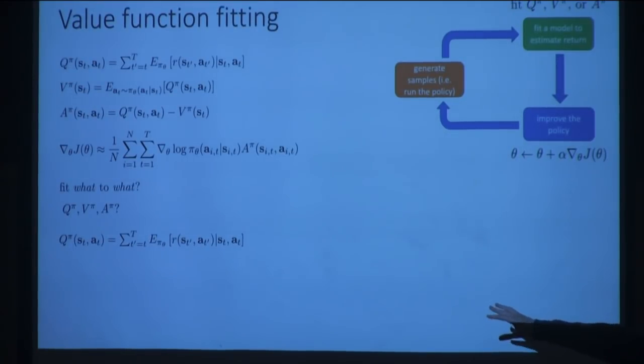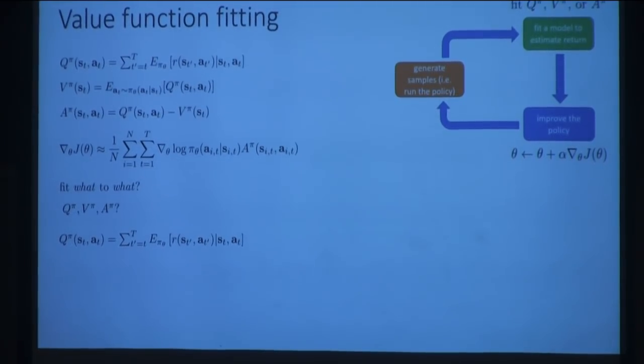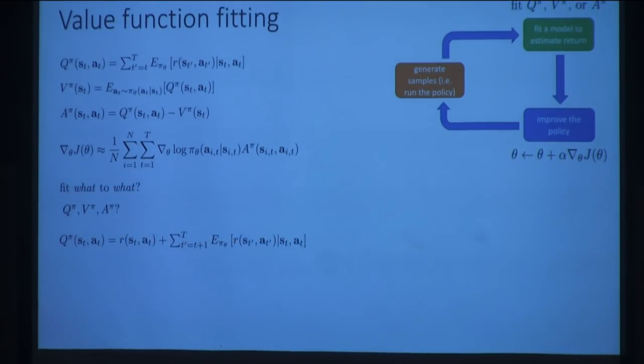You're not taking an expectation over ST and AT, only over ST plus 1, AT plus 1, ST plus 2, etc. But the first state and the first action are given, which means that you can equivalently write it like this. The Q function is the reward at ST-AT, which is not a random variable. This is a deterministic thing, plus all this future stuff, which does depend on random variables. So this future stuff is stochastic, but this thing, since you know ST and AT, that's just a number.